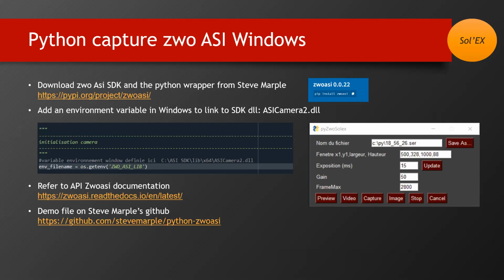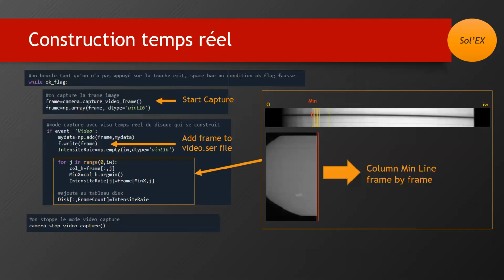So when you control the camera, the specificity here is inside the loop of capturing the frame, and this is just an extract of the code. You have a big loop, you capture a frame, and at every frame we extract the column.